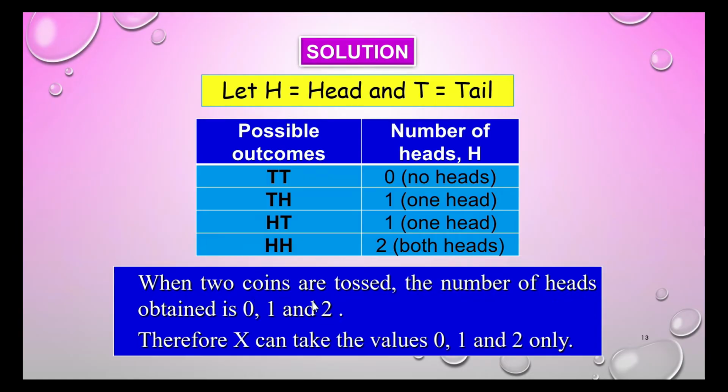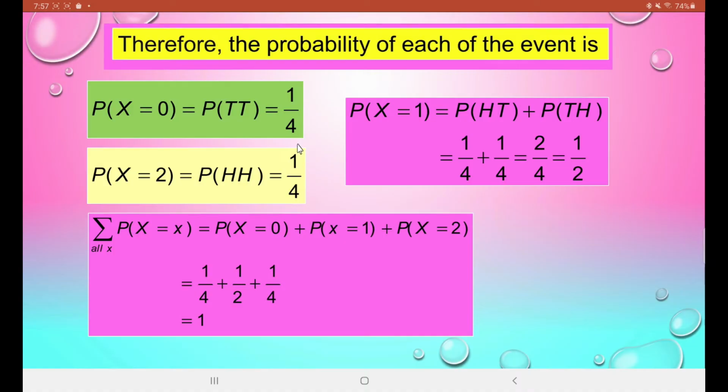So, when two coins are tossed, the number of heads obtained is 0, 1, and 2. Therefore, X can take the values 0, 1, and 2 only. The probability of getting no head is P(TT) equals 1 over 4.